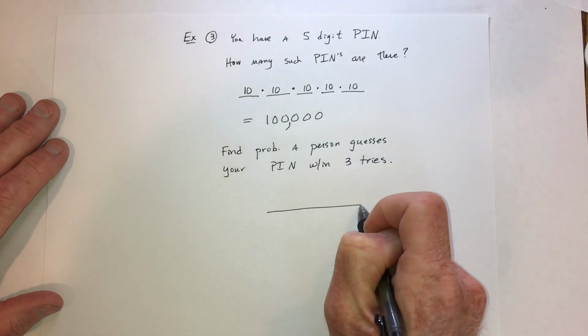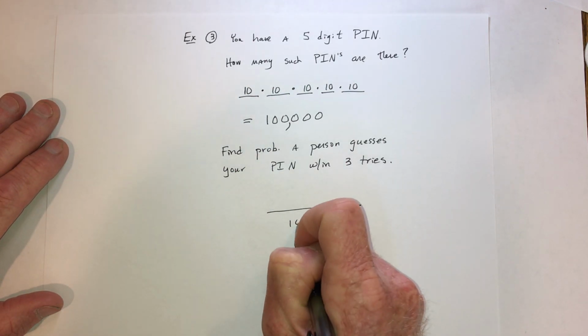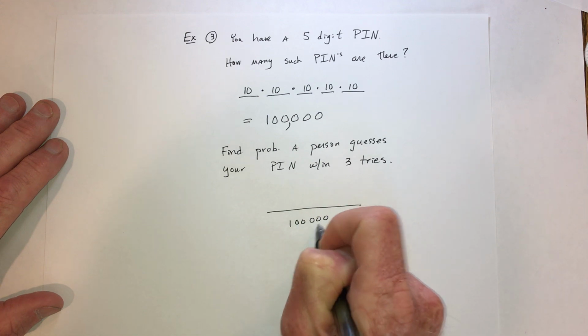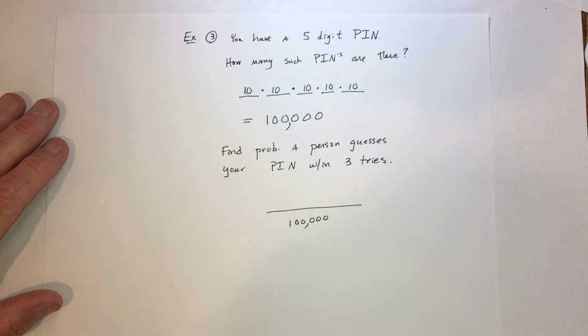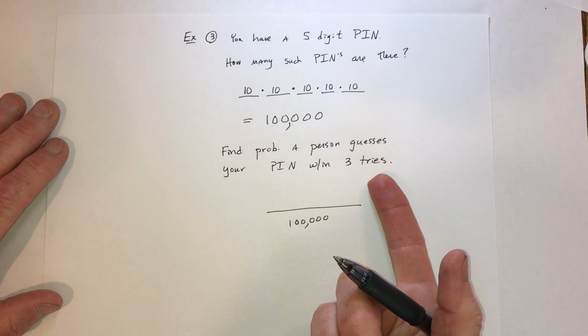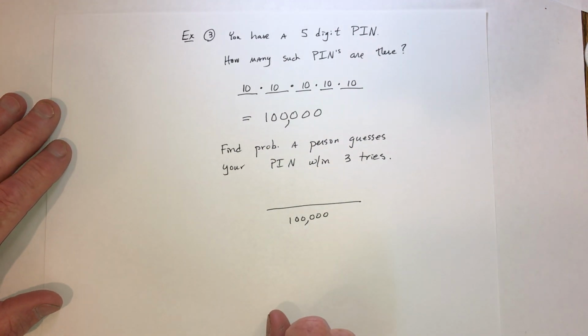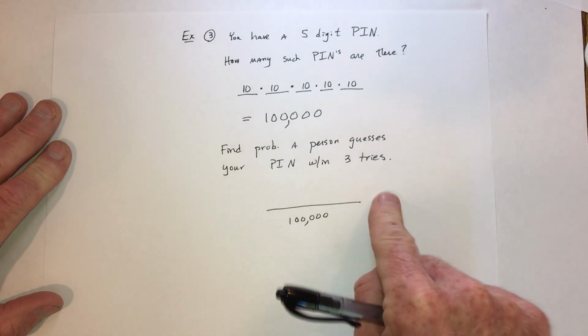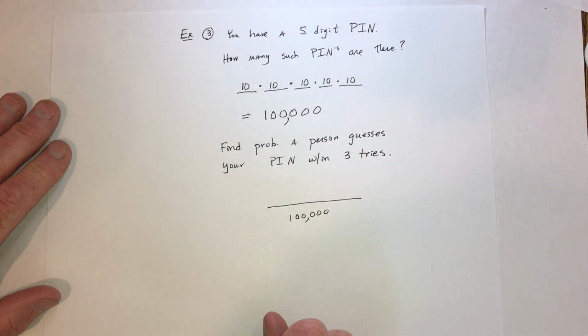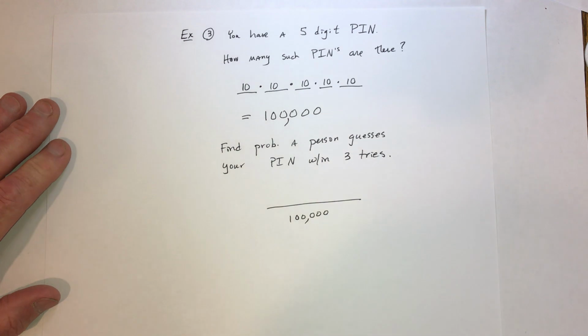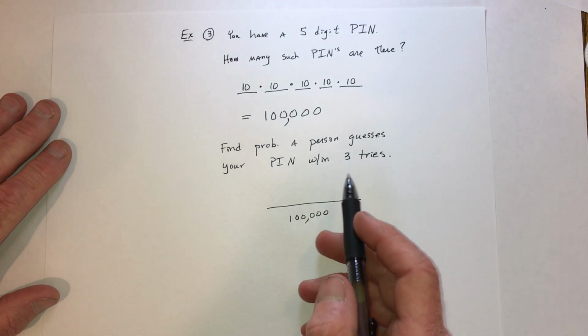So the total number of pins is 100,000. And then they are going to try 3 different things. So they might try 88888. Oh no, that wasn't it. 77777. Nope, that wasn't it. 11111. Nope, they're locked out. So they get 3 different tries.